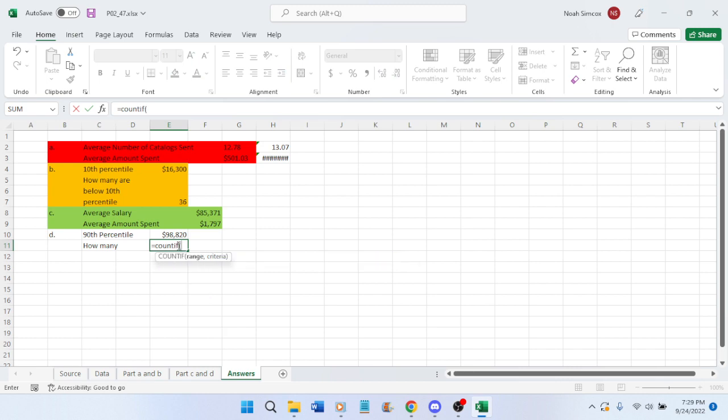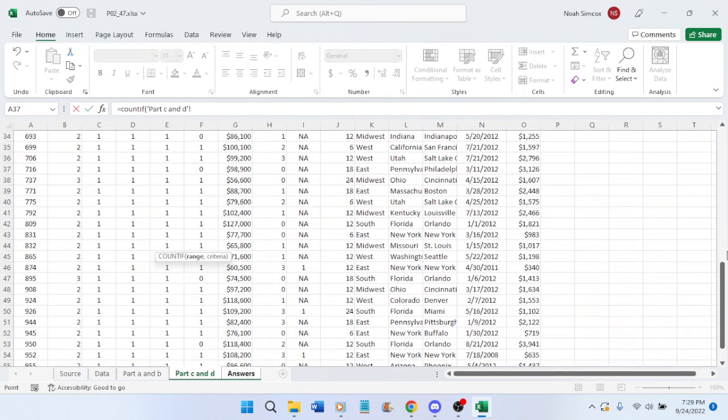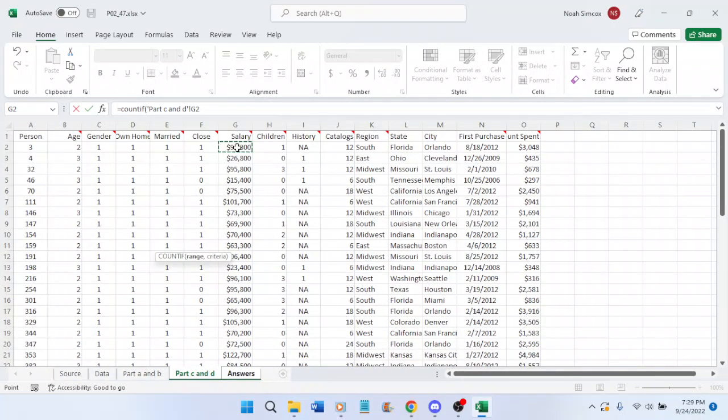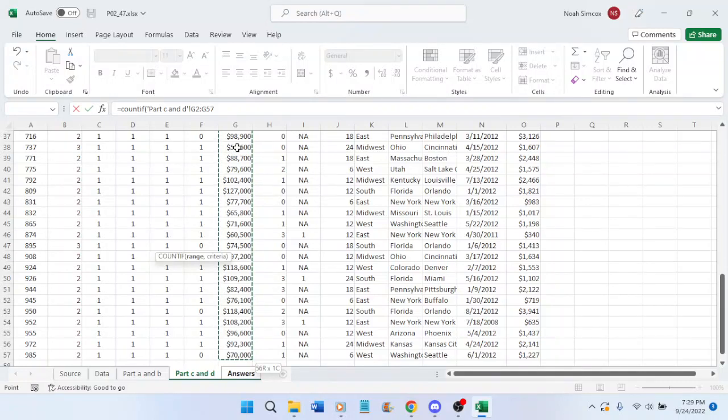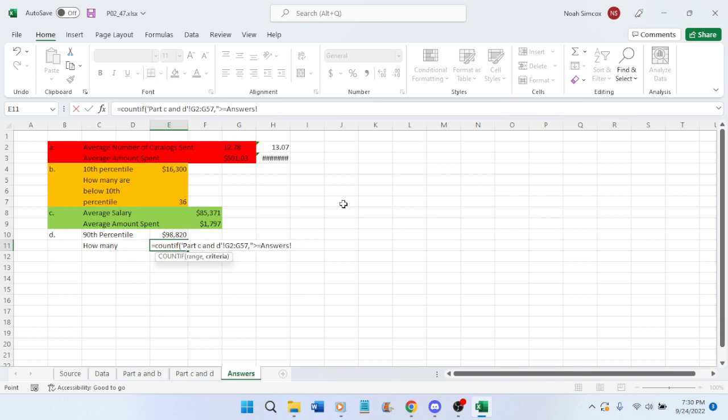Equals, count if this, that, comma, more than or equal to what? $98.